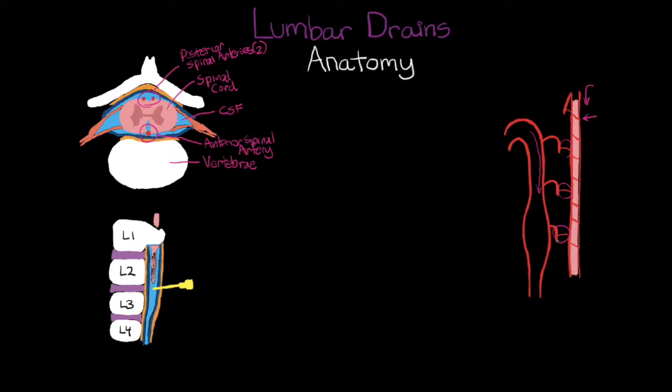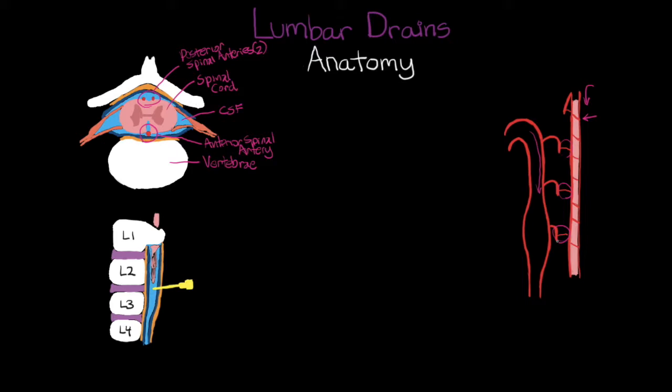But these segmental arteries, they are intercostal and vertebral arteries that ultimately are branching off of a blood supply that is coming off of the aorta here, and they're coming in and feeding the anterior spinal artery to continue to feed and perfuse blood to the spinal cord throughout the whole length of the cord.